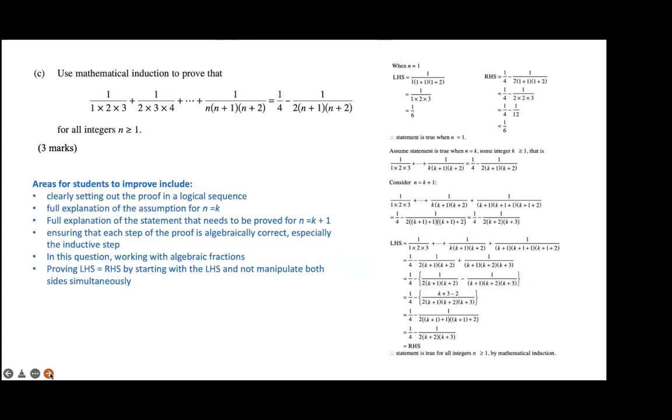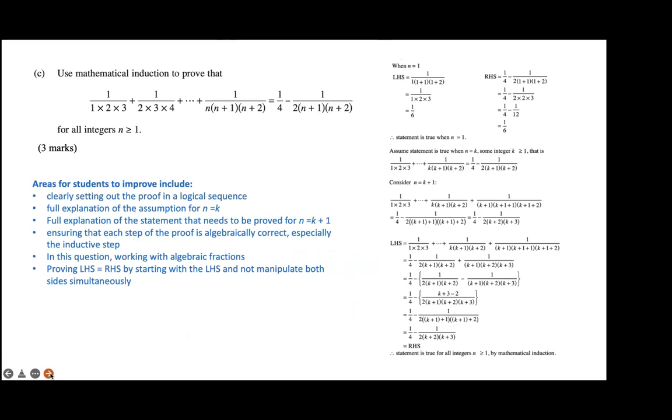Part C was the mathematical induction question. This was worth 3 marks in total. In better responses, students were able to produce a proof by mathematical induction showing all the necessary steps, clearly showed the inductive step using the correct assumption for the case n equal to k plus 1, and displayed significant working to indicate a correct proof.